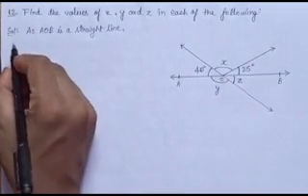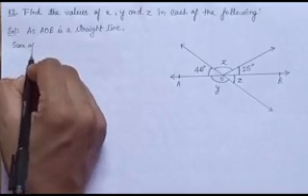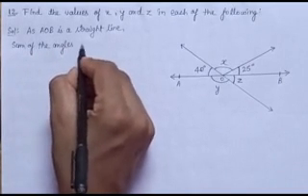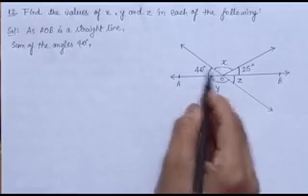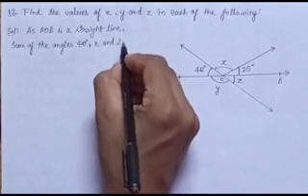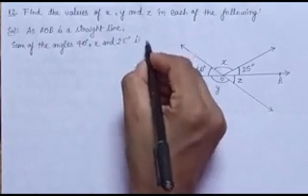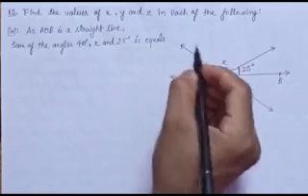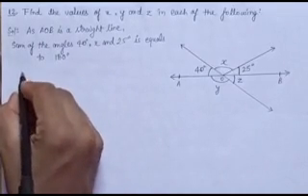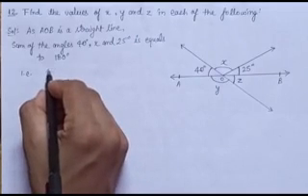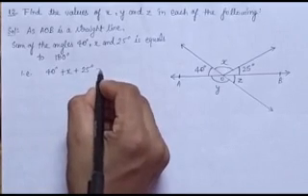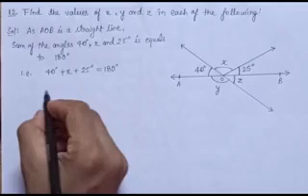So we can write, the sum of the angles 40 degrees, x and 25 degrees is equal to 180 degrees. That is, 40 degrees plus x plus 25 degrees is equal to 180 degrees.